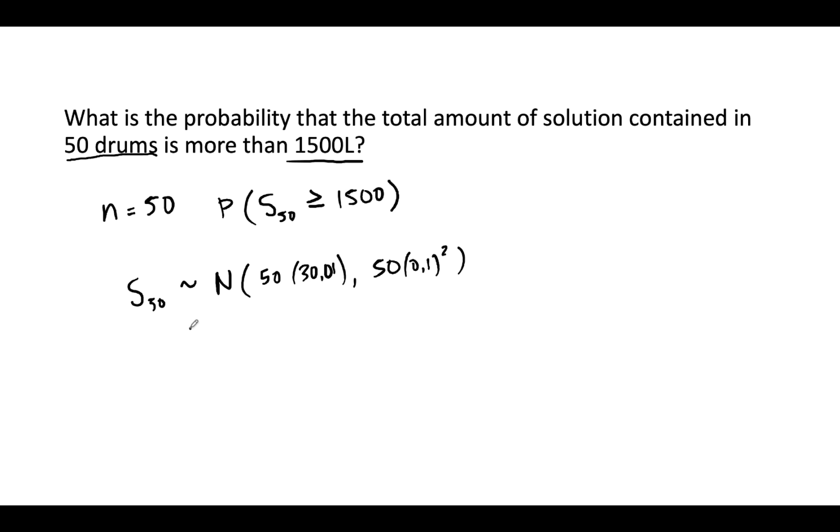Let's just reduce those out. Those are going to be 1,500.5, and we'll get 0.5 over here. Okay, so this is our normal curve that describes the sum here.